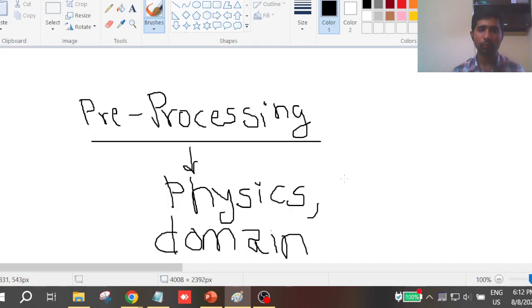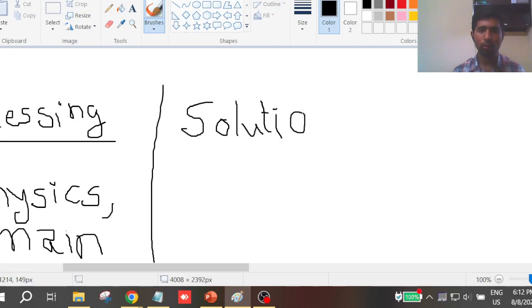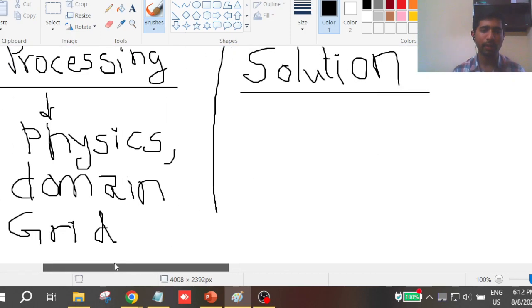Now apart from pre-processing, you have mainly the solution. The solution methodology is the way in which you will solve these physics in this computational domain with this particular type of grid.